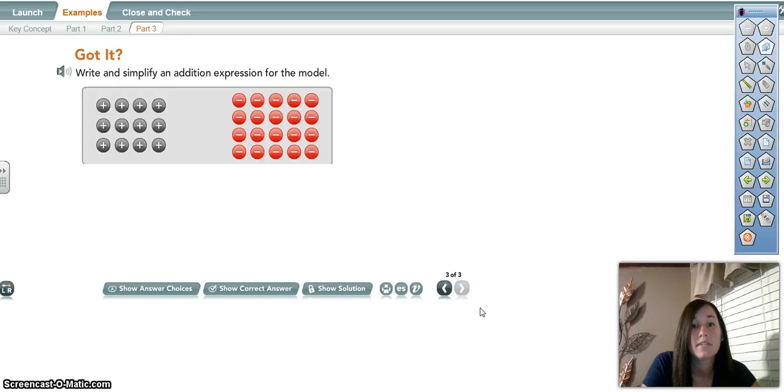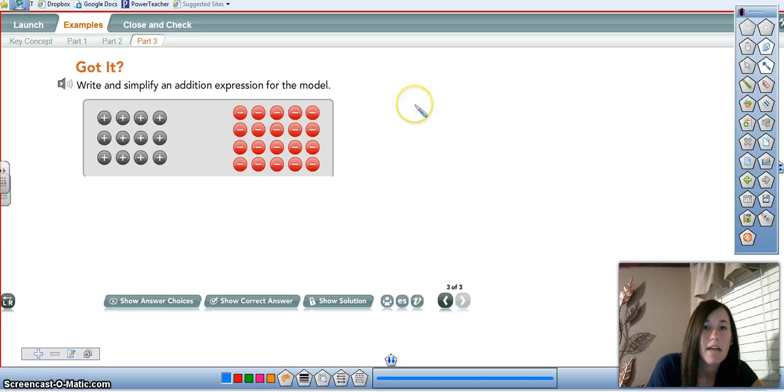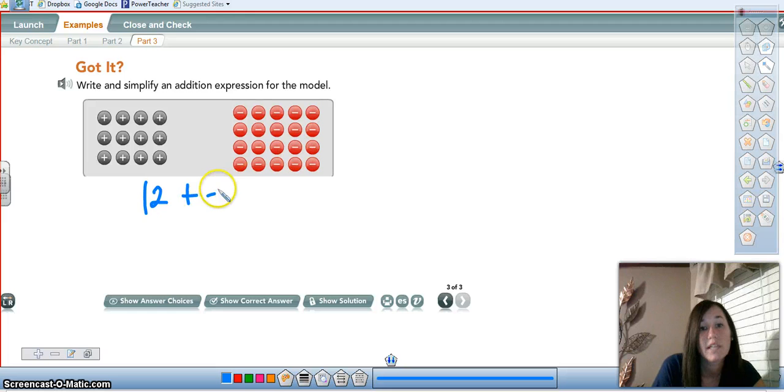Here again, we're using the integer chip idea. Write and simplify an addition expression for the model. Let's see, we have 12 positives, and we're adding 20 negatives. So there's our addition expression. And then any zero pairs would cancel.